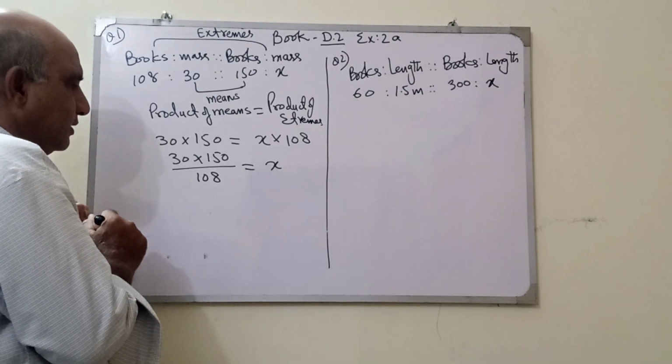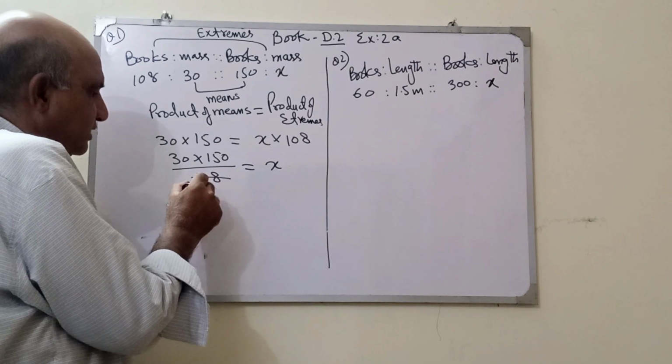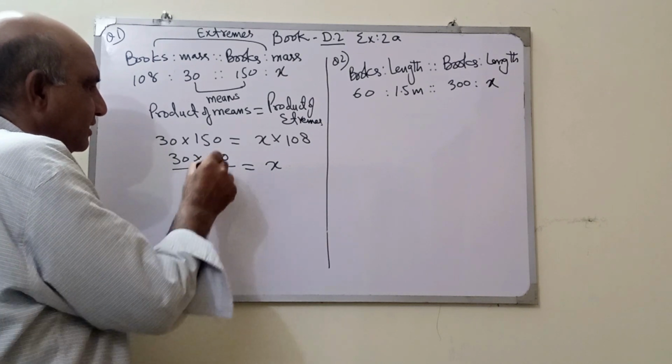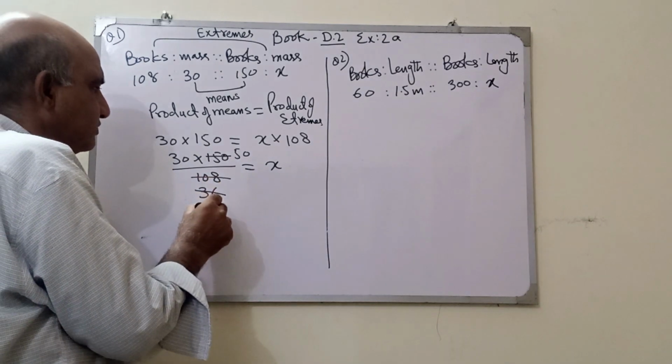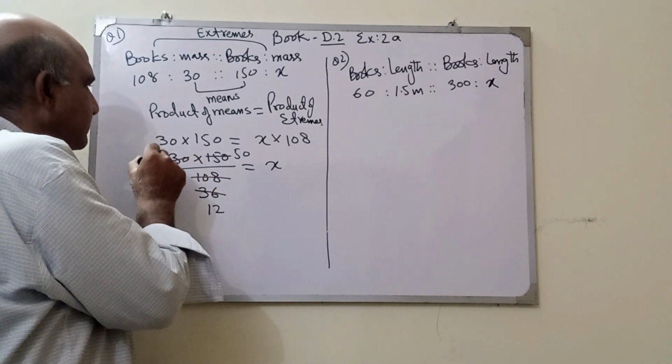So here we'll cancel using the table of 3. 3 3s are 9, 3 6s are 18, 3 5s are 15.